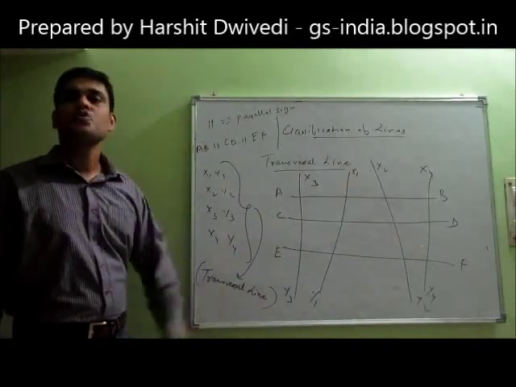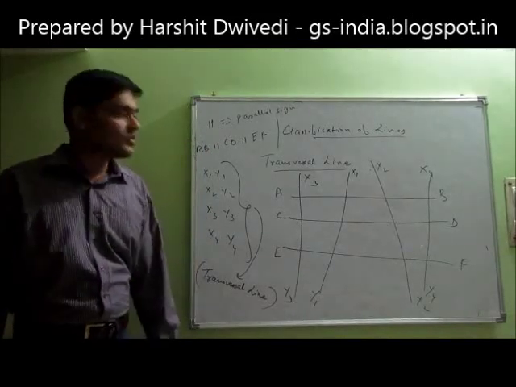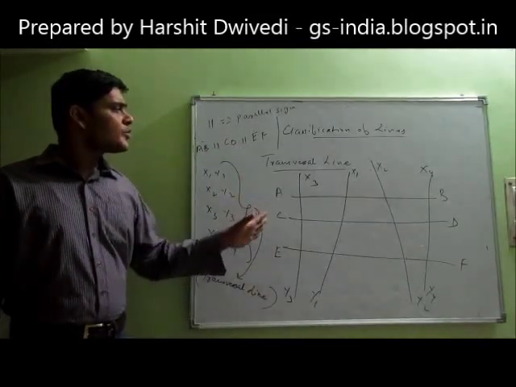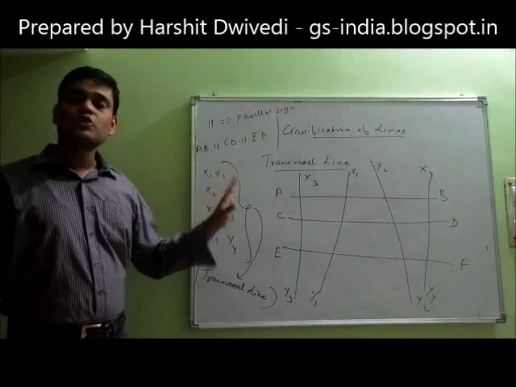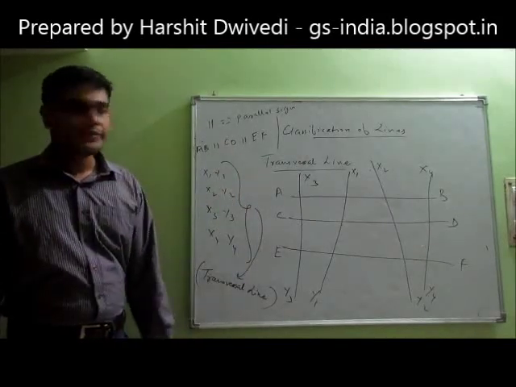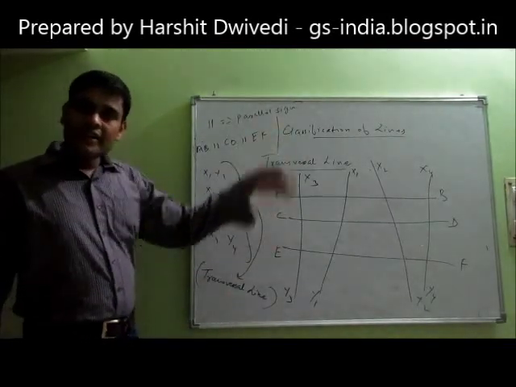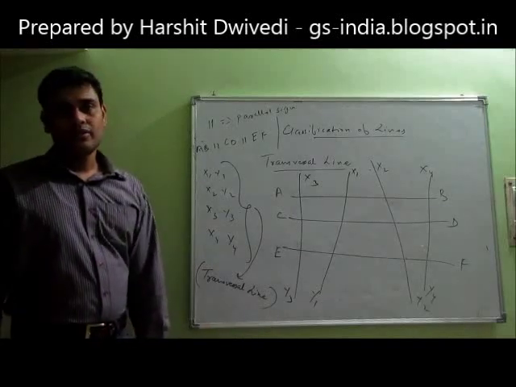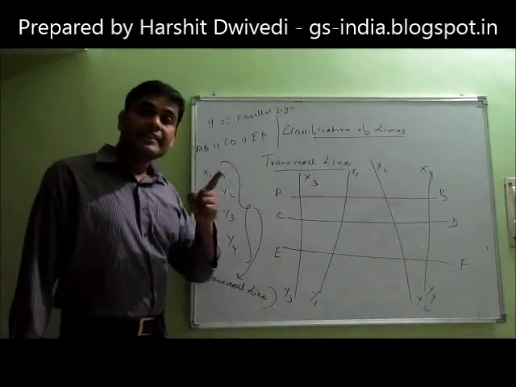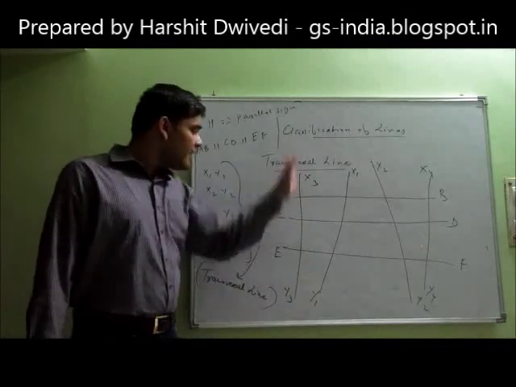Now there is a whole lot of concept involved in this concept. This I will cover in the proportionality theorem in my next video lecture. So just at this point of time, you just need to know this thing, that this is transversal line, cutting the parallel lines in a vertical direction. Not definitely in the same angle, but in a perpendicular sense.